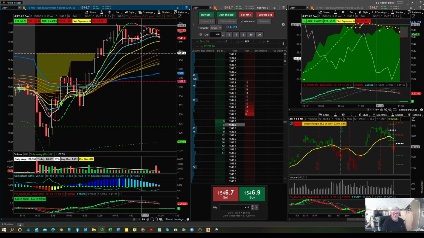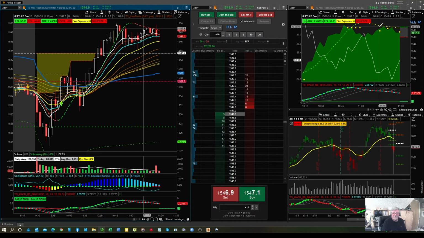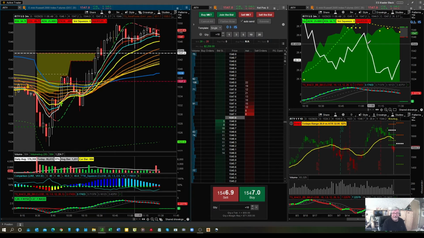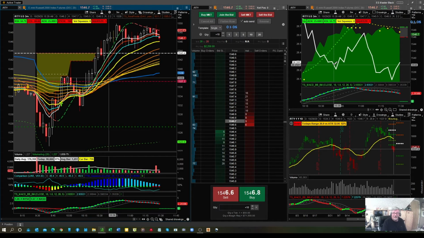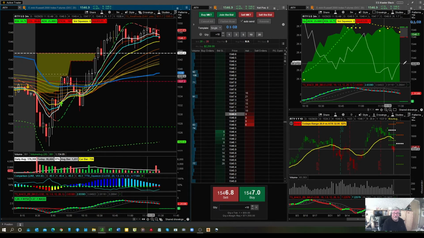This dotted line is the same Hull average that I have on my 3-minute bar chart, and this again is the overlay of the VXX. So it's a different color, but it's probably more visible on this chart than it is down here. So sometimes I just look over here to get a better idea as to what's going on.